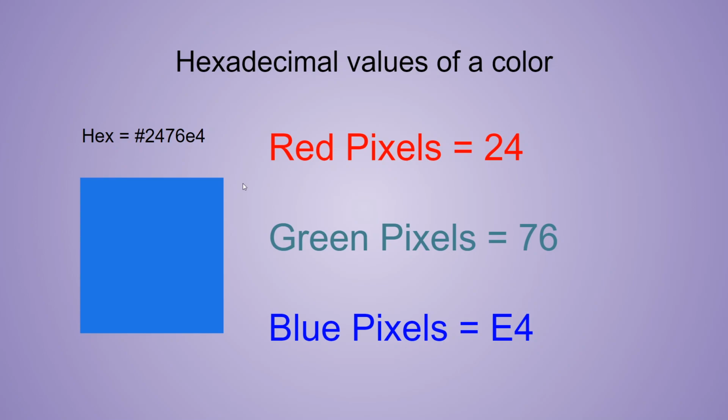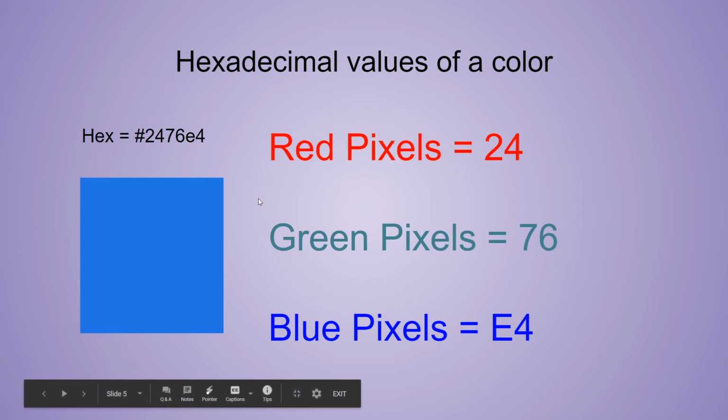The way these pixels are structured is red, green, blue. So the value of the red pixels in this case would be 24, green pixels would be 76, and the blue pixels would be E4.